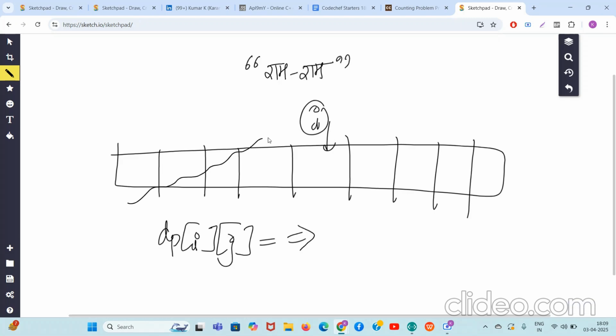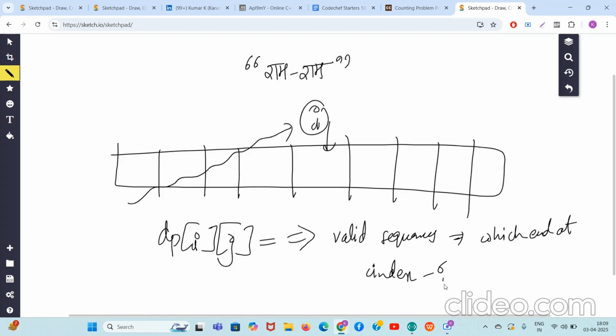dp[i][j] will be nothing but the strictly increasing valid sequences which end at index I, but their last value is j. Last value is j, guys.